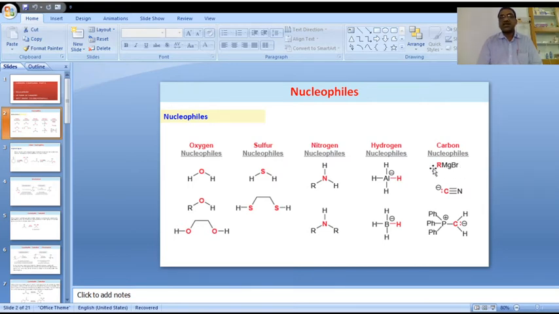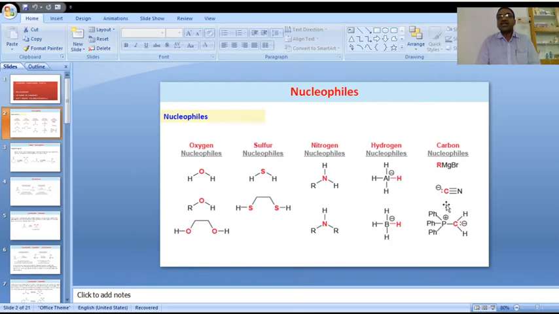It is a Grignard reagent, a very good example of a carbon nucleophile. It produces the R minus carbanion nucleophile that attacks the carbonyl functional group.